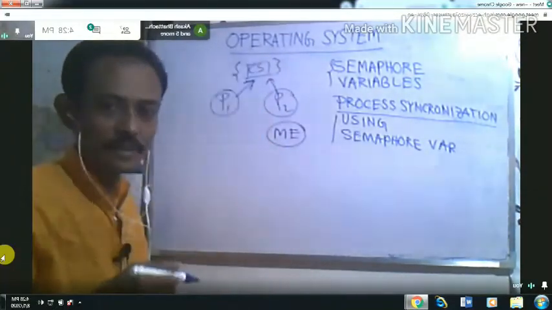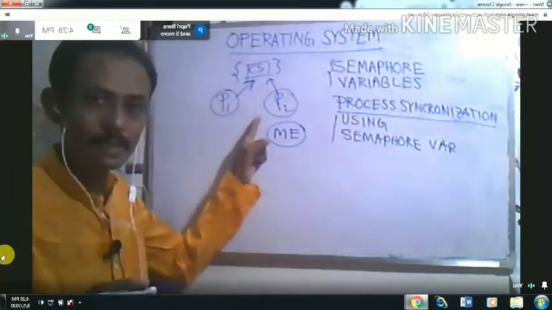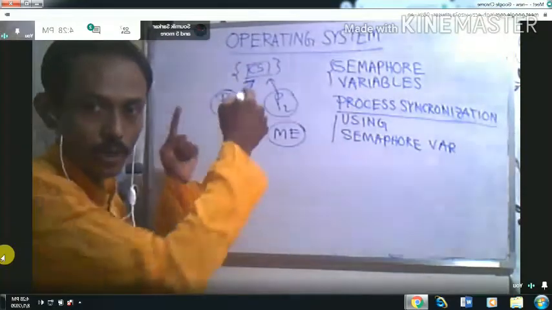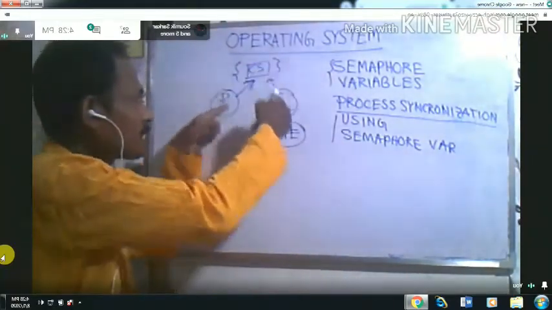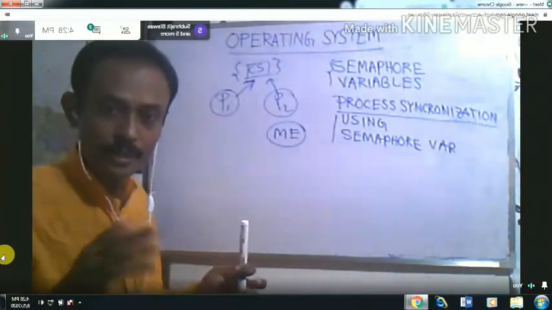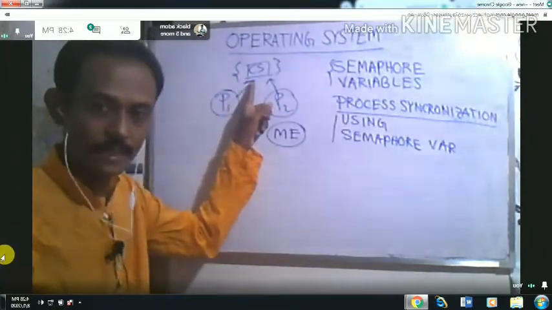Then this will be the critical section. As these two processes are executing concurrently, if both execute this critical section simultaneously, there will be a problem. So either P1 will access the critical section or P2 will access the critical section.